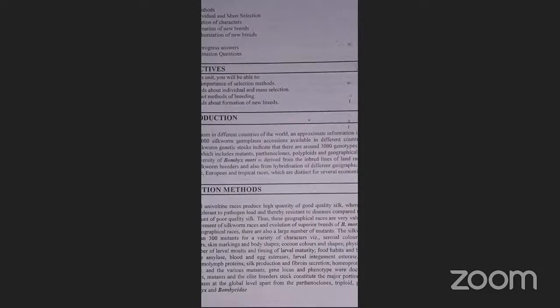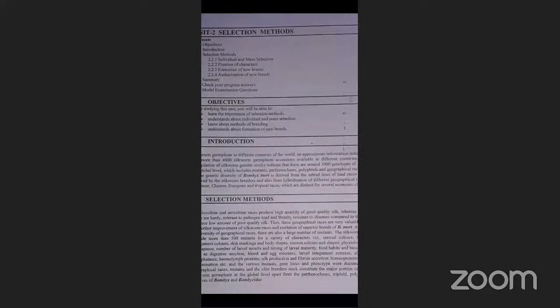Then how many types of individual and mass selection are there? Individual selection is the first one, with six types of individual methods. Egg color is the first important one. The male and female egg colors are different, and size and weight are also different.